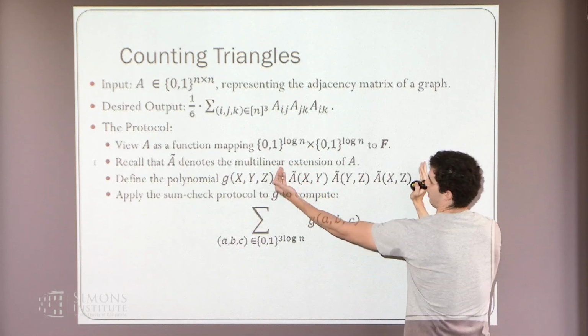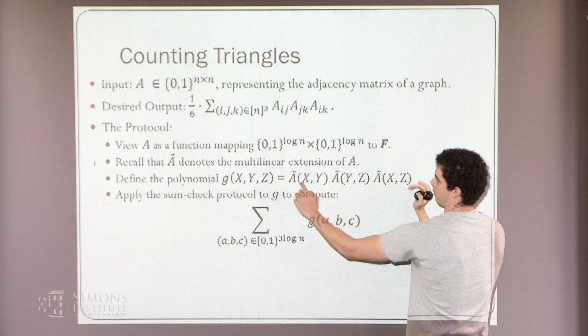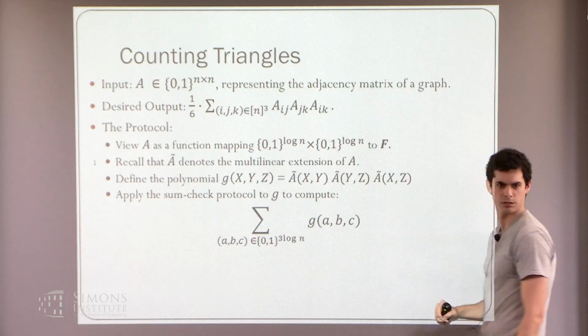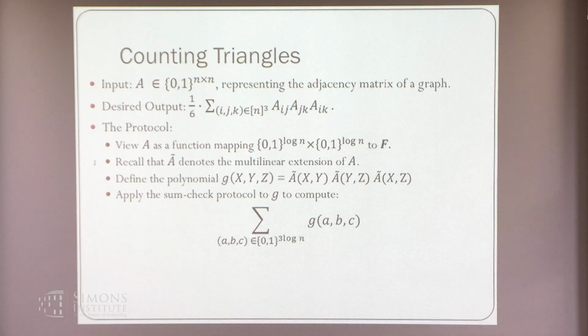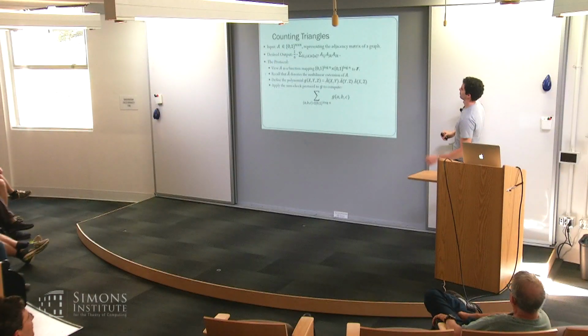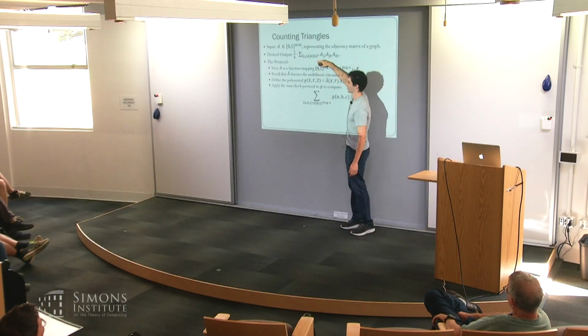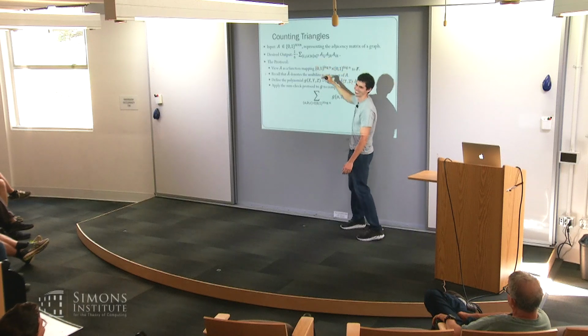This thing has degree at most 2 in each variable, because each coordinate of x appears twice. Each coordinate of y appears twice, each coordinate of z appears twice. So if you have a self loop, does that count as a triangle? Let's say there are just no self loops in the graph. However you want to define it so that this is the sum I want to compute.